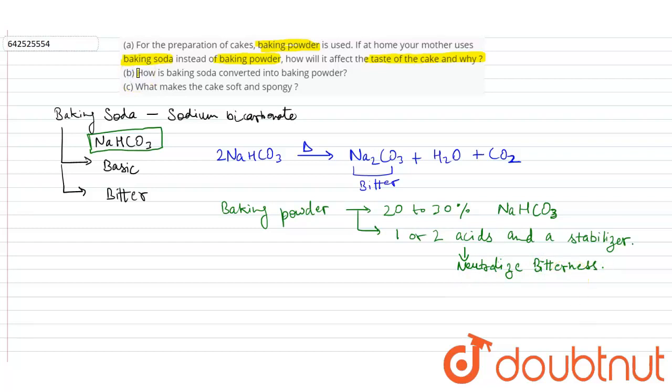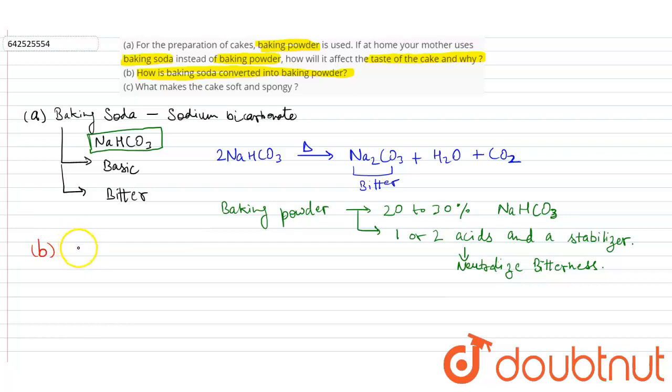So the next question is, how is baking soda converted into baking powder? This is answer number A, and now we will see the second one. How is baking soda converted into baking powder?